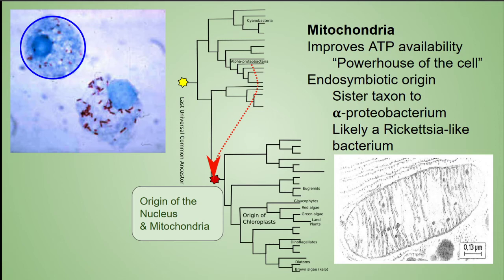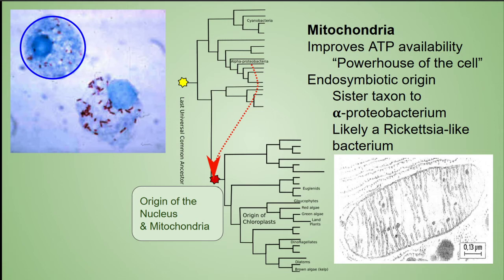Essentially, mitochondria make our processing of chemical food much more efficient by allowing us to extract more ATP from each unit of food that comes in. So the mitochondria have an endosymbiotic origin. And while that's been proposed as a potential explanation for the nucleus, it looks like that may not be how the nucleus came about.